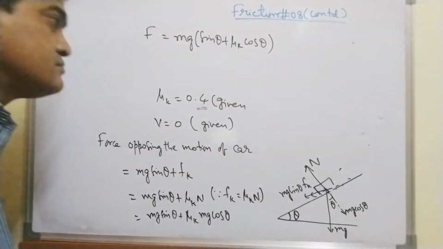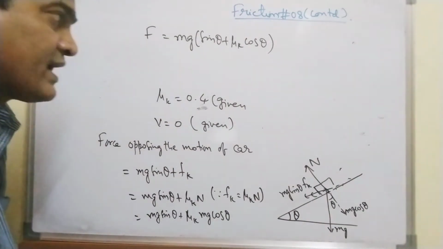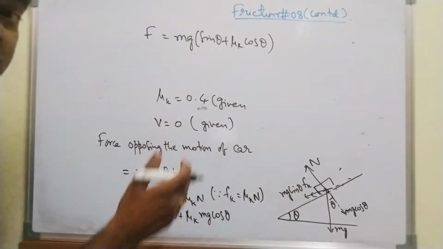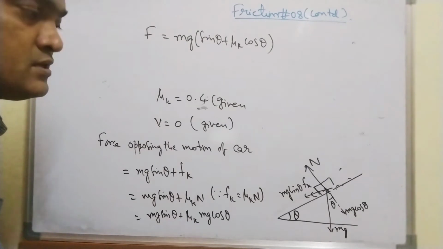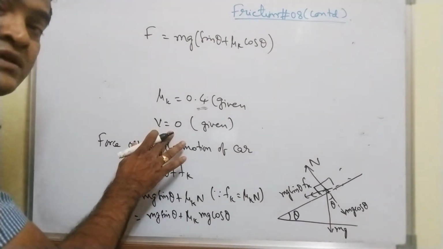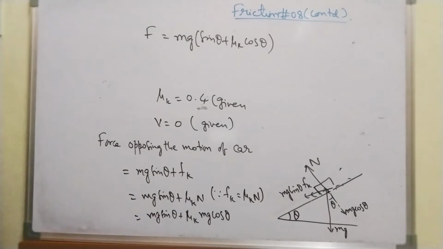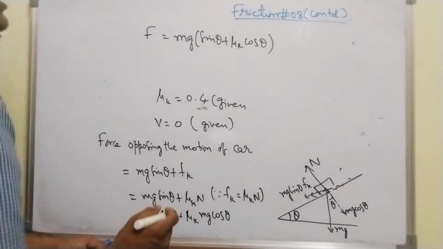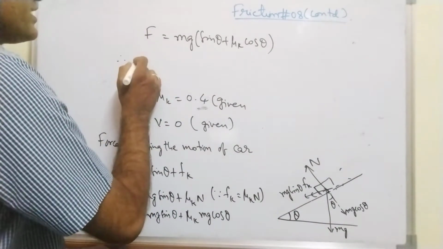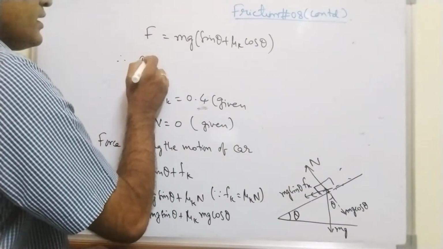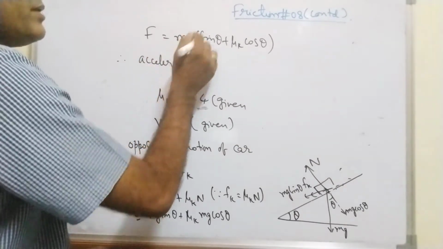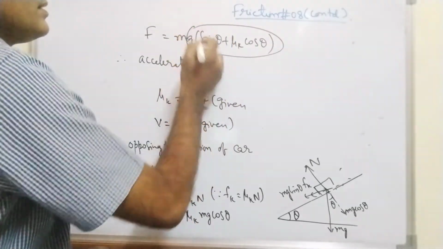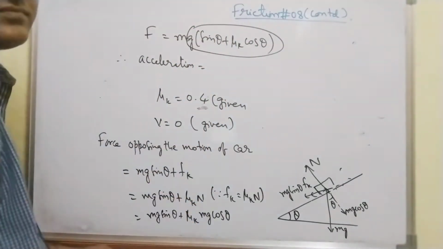Now find out the value of acceleration. Anyways, it is retardation, because the moment you turn off the engine, the final velocity has become 0. So I can find out the value of acceleration. m into a, so acceleration is equal to negative, is it not?